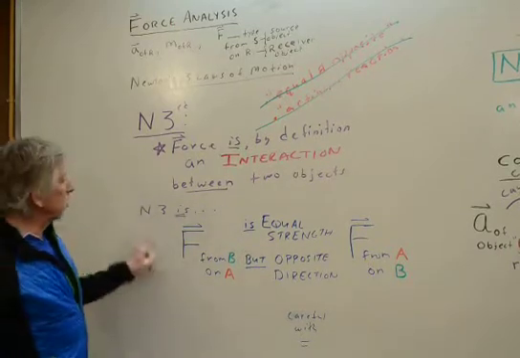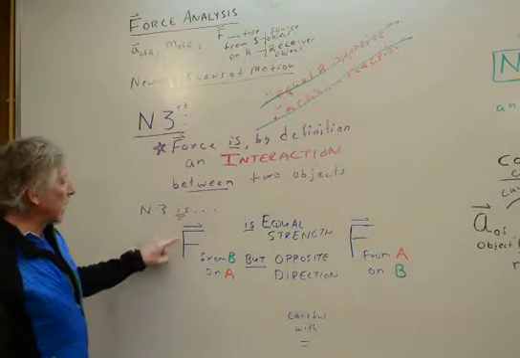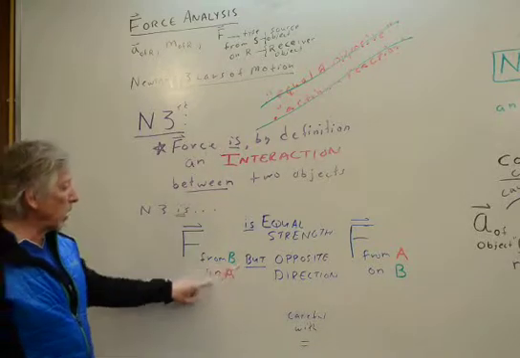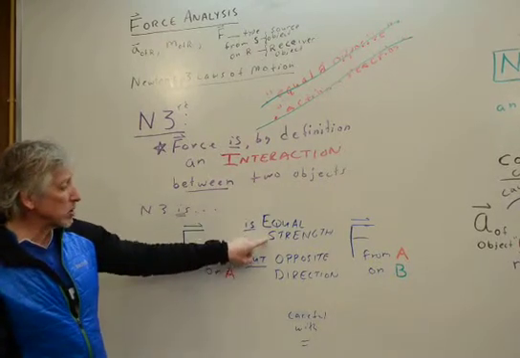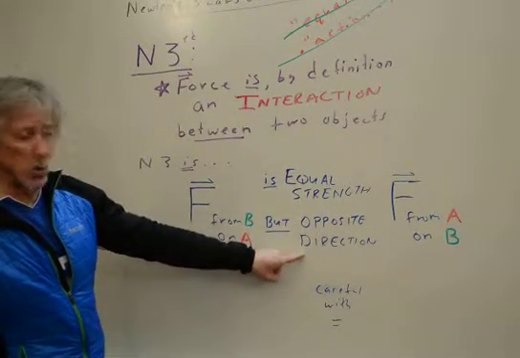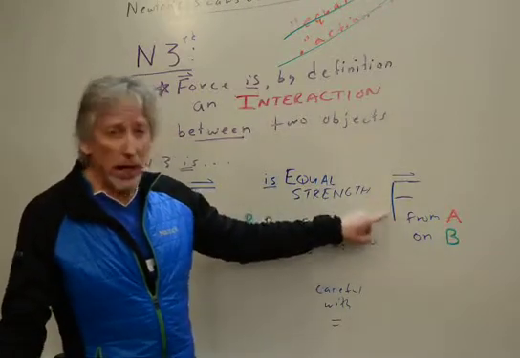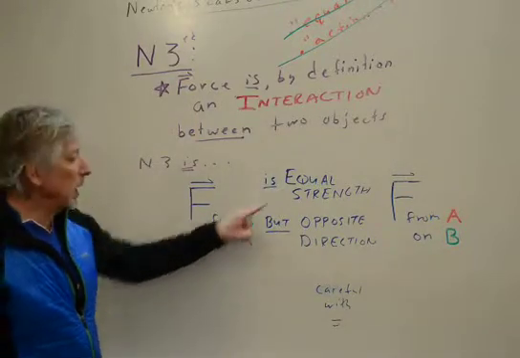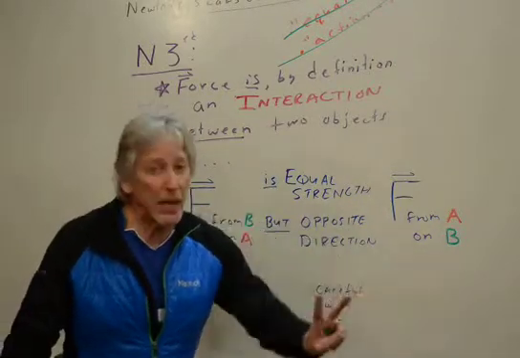So just do this. If you've got a problem that you're looking at, you say, okay, I've got a force, which is an interaction, a push or pull, from object B on object A, then that will be equal in strength, but opposite in direction to the force vector, interaction, push or pull, from A on B. The force from B on A is equal in strength but opposite in direction to the force from A on B. That is it.